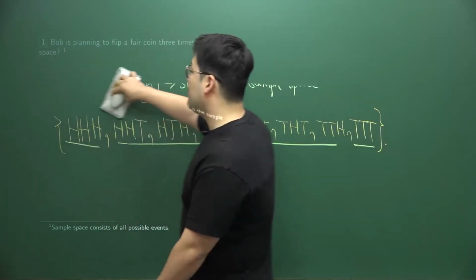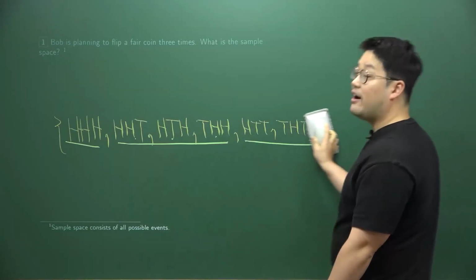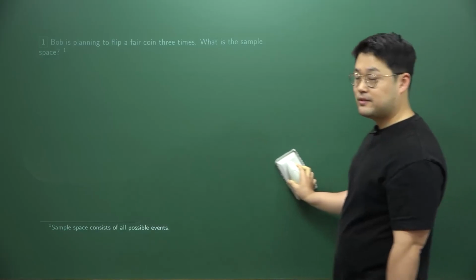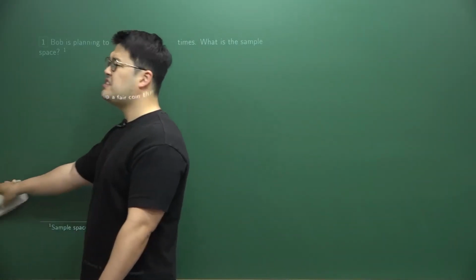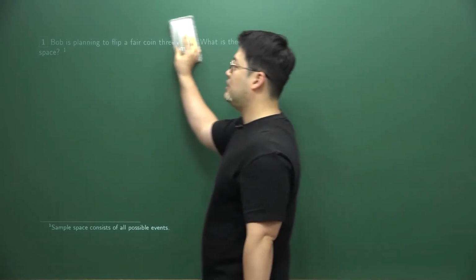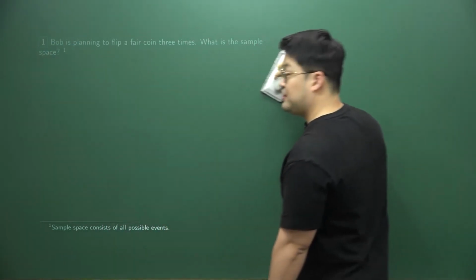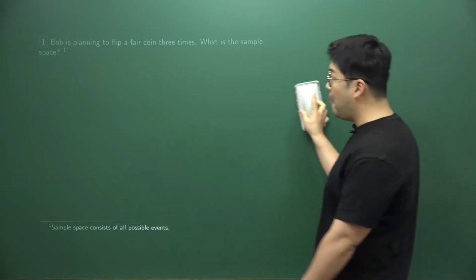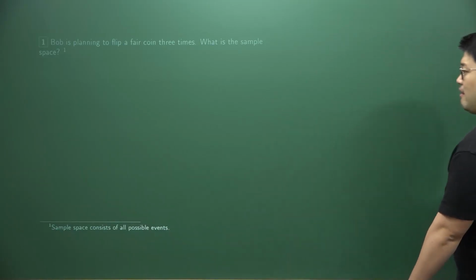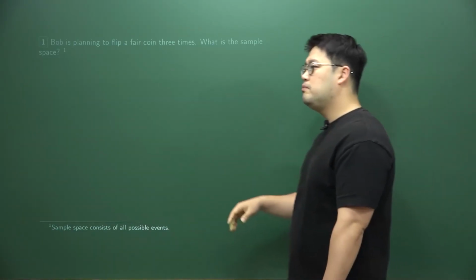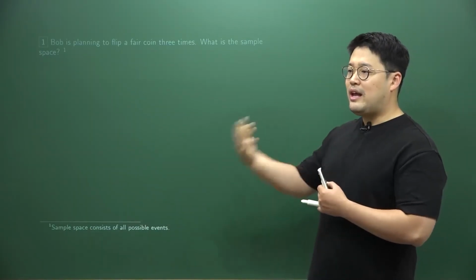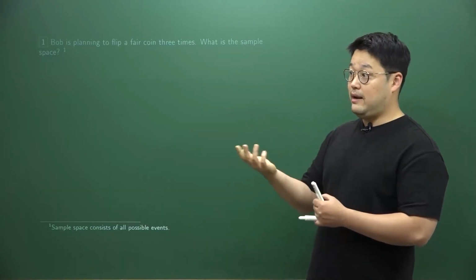Like in my offline class, when I was young, there was a kid who actually bugged me about this. She kept insisting that the sample space had to consist of 4 things. And I told her, no, it has to consist of 8 things. And she didn't understand. So out of a 2-hour lesson, I had to argue with her for 2.5 hours, even though my class was 2 hours.